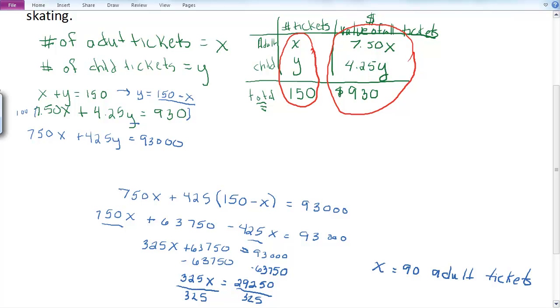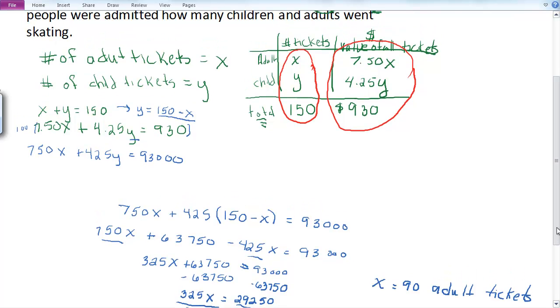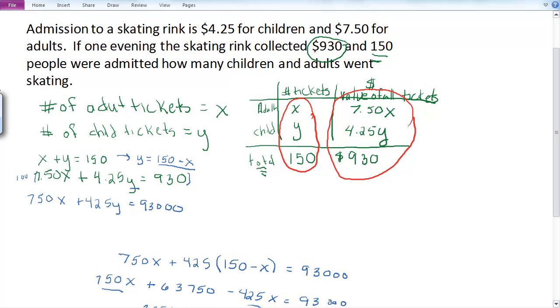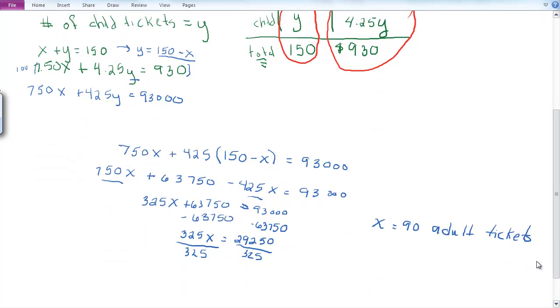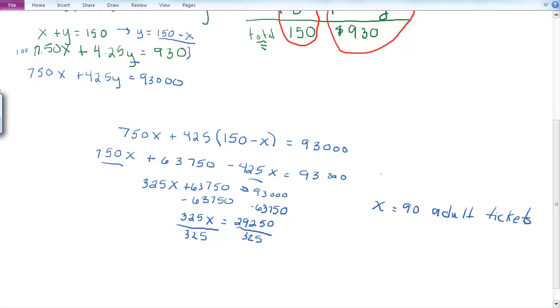Now, in the original problem, they asked us not only for adult tickets, but also for how many children. So I simply take the answer of 90, take it back to one of the equations. So in my case, I'll take it back up here to y equals 150 minus x, and say, okay, y is equal to 150 minus the x of 90. So y is equal to 60 child tickets.